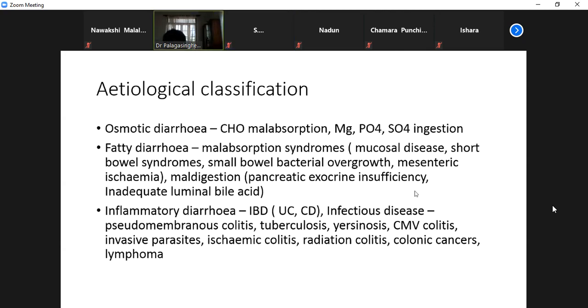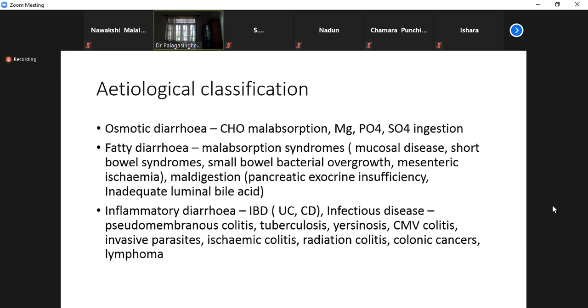In most situations, osmotic diarrhea has to settle when you are fasting. So that's the pattern. As I said previously, in 80% of patients, when you go through the history, the diagnosis is evident.